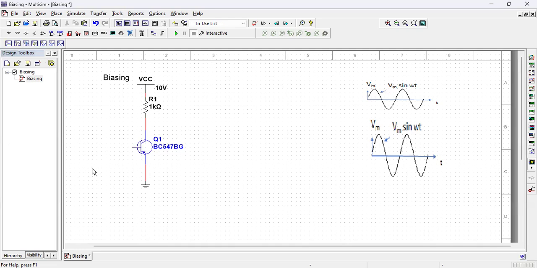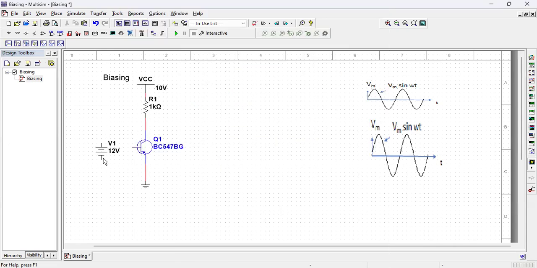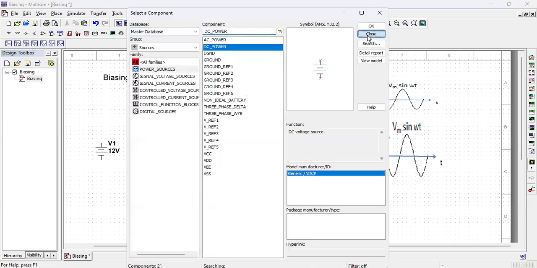Now we give a signal source to the input of the base. The transistor base is the input. We give a signal source here. So what do we do? We get a DC power source. Sorry, not a DC power source.